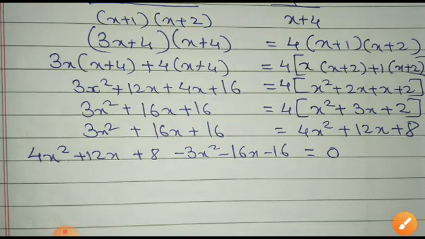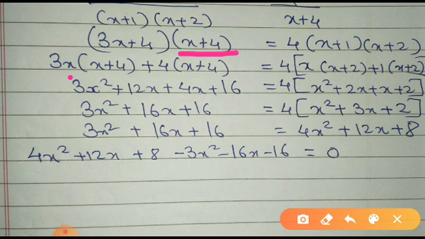Now simplify it and see whether I can write this as 3x into 3x plus 4 plus 4 into x plus 4. Again simplify the right hand side and see whether you will get the form 4x square plus 12x plus 8 minus 3x square minus 16x minus 16 equal to 0.